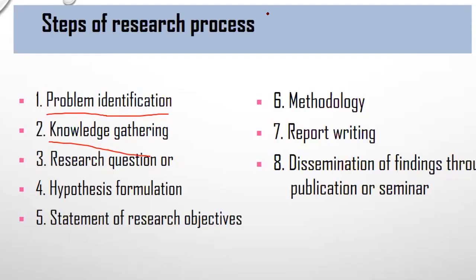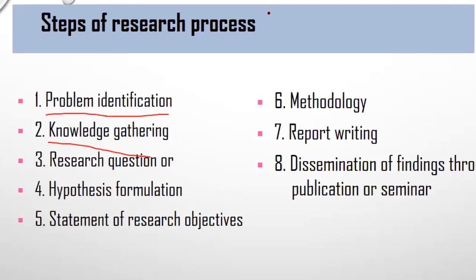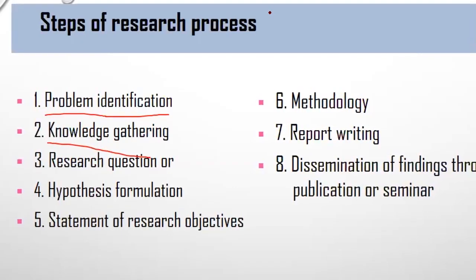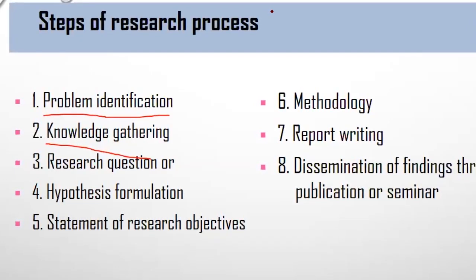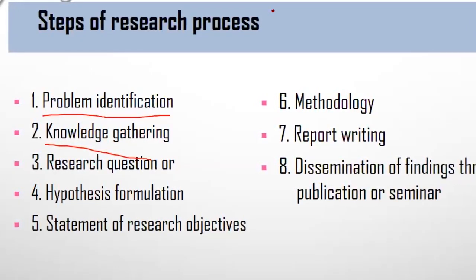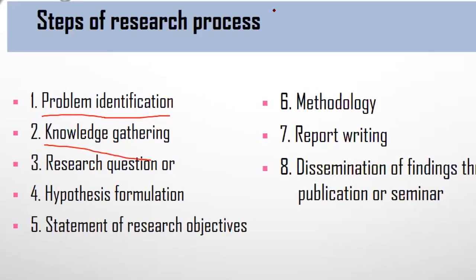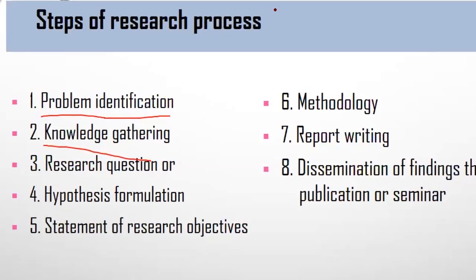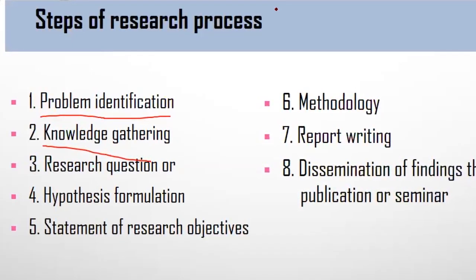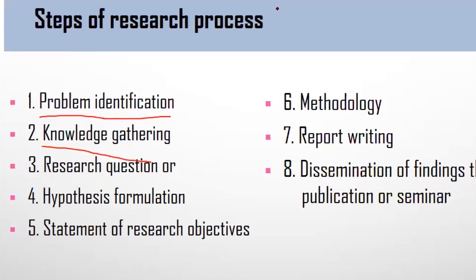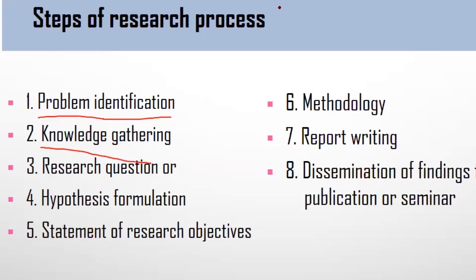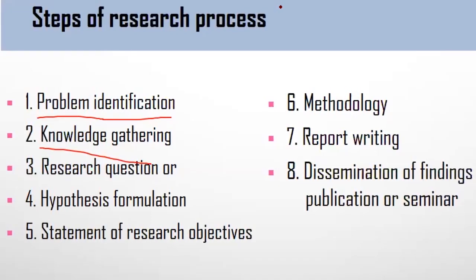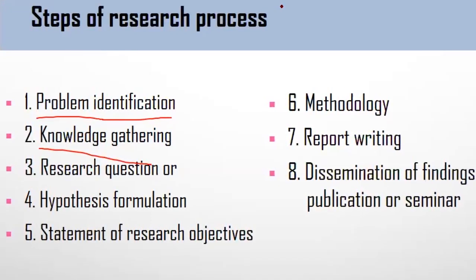So by the literature review or knowledge gathering, a researcher can have good planning for his future research or for his current research. Our research planning can be very fruitfully planned by the literature review.